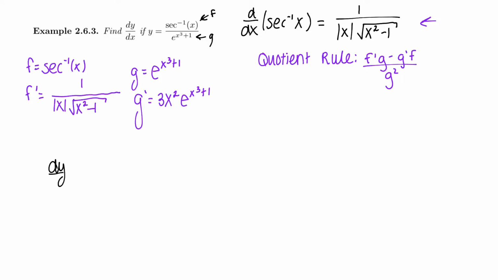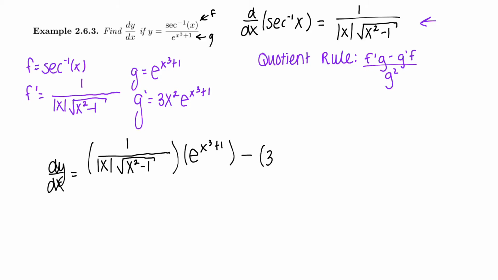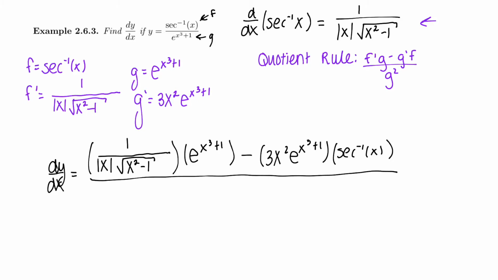So dy dx will be equal to f prime g, so e to the x cubed plus 1, minus g prime, 3x squared, e to the x cubed plus 1, f, which is secant inverse of x, all over g squared. So e raised to the x cubed plus 1 quantity squared.